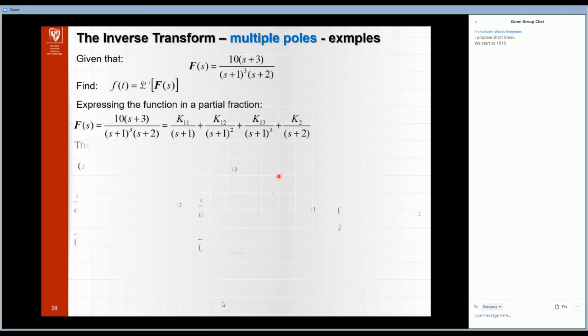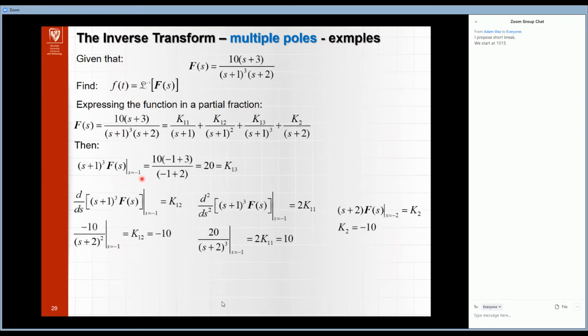Okay, and firstly we try to calculate this factor. So we just multiply both sides by this factor. As a result, we put here minus 1 from this pole, and we obtain 20.